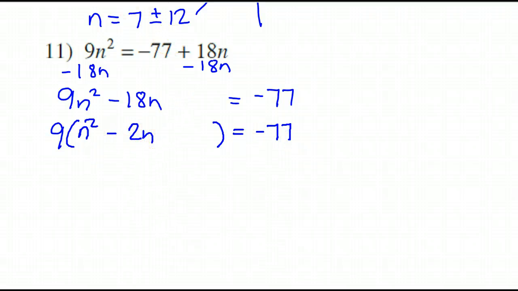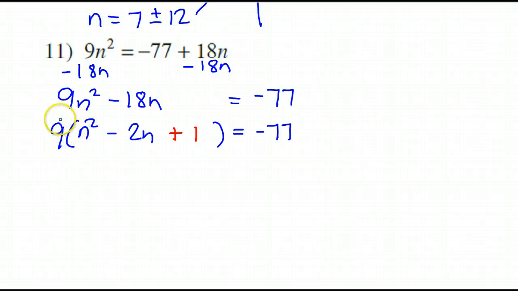Now we will do half of the middle squared. Half of 2 is 1, 1 squared is 1, so I'm going to add 1 over here. Now, focus. I am not going to add 1 over here as well. I got to do something, but it looks like I added a 1 over here, but I didn't, because of this 9 out front.